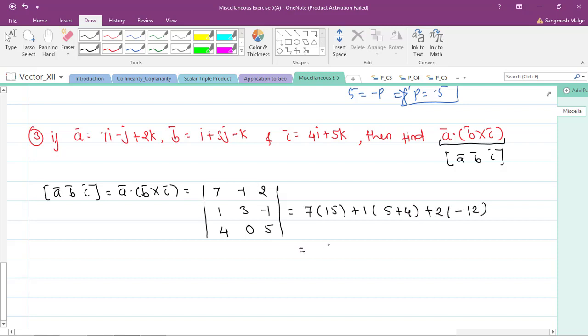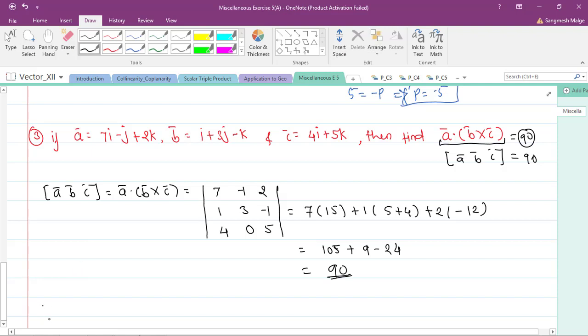So this is equal to 105 plus 9 minus 24, and this is equal to 105 minus 24, which is 90. Okay, so what is the value of this? The box product is equal to 90. It is a scalar quantity, that's why it is called a scalar triple product. Great. Okay, so let's see the next one now.